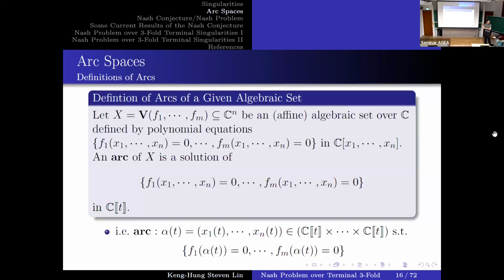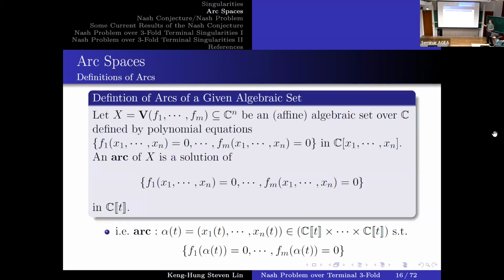Geometrically, you can think of an arc as a formal analytic curve lying on our variety. Algebraically, an arc is an n-tuple of formal power series such that when you plug in x1 to xn, you get all equations equal to 0.